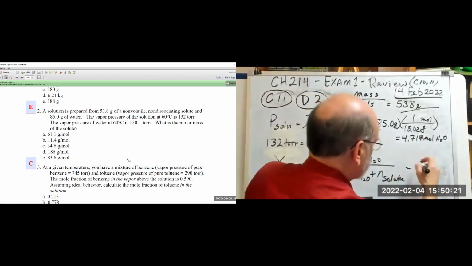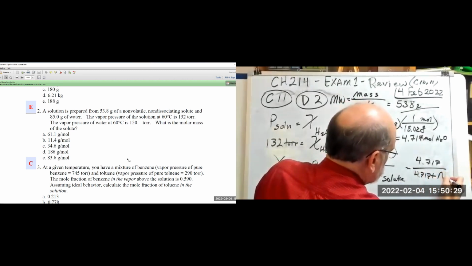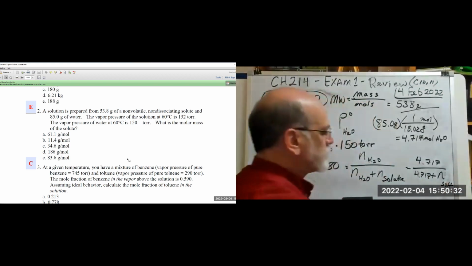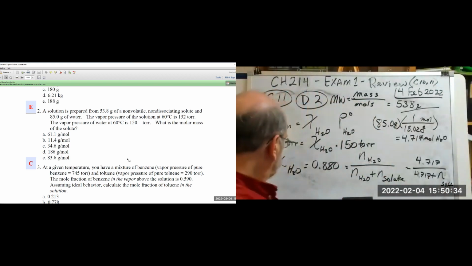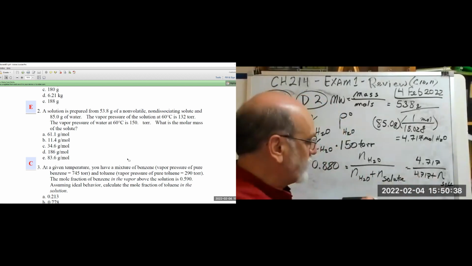So this is 4.717 divided by 4.717 plus moles of the solute. So now we've got this equal to that, one unknown. We can solve for that unknown.